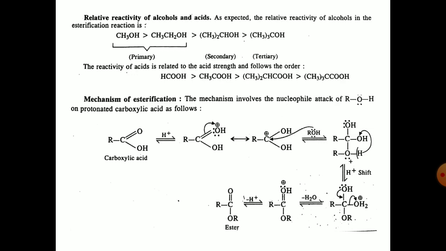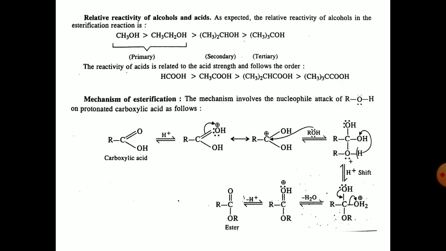You know that the positive ion present on the carbon is known as a carbocation, which again reacts with the ROH. So it is a nucleophilic attack. So the electron pair on ROH will come to the C plus ion. So what happens? RC, OH, OH single bond OHR.